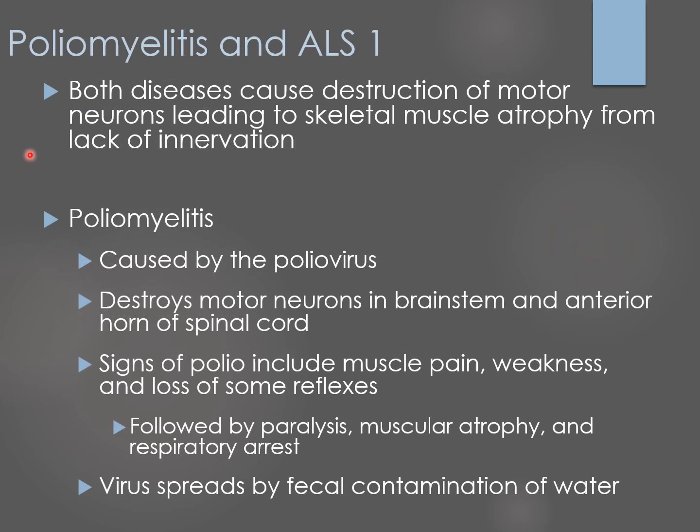Two other very serious disorders, polio and ALS. Both of them are destruction of the motor neurons that lead to skeletal muscles. In polio, we're looking at motor neurons in the brainstem, and we're talking about causing lack of impulses down the phrenic nerves, and we can have respiratory arrest.